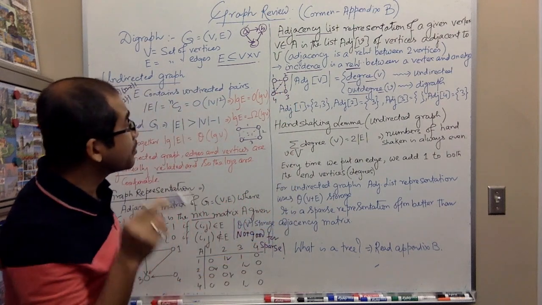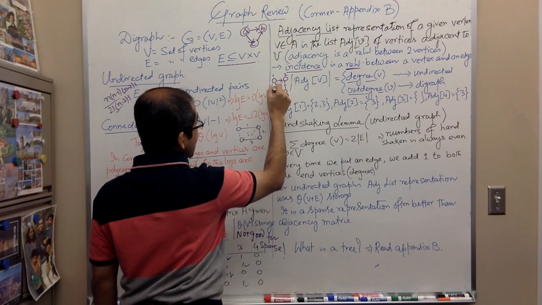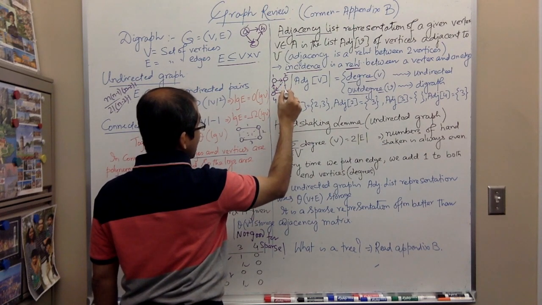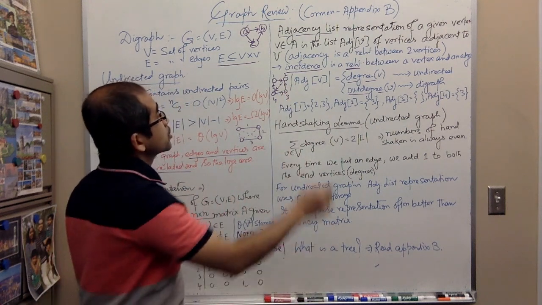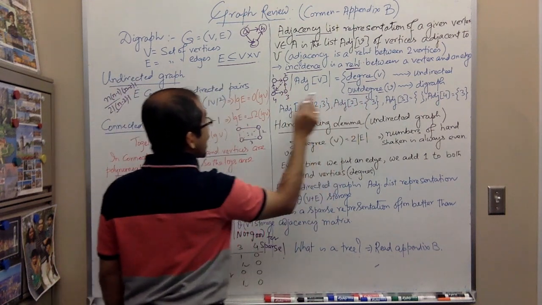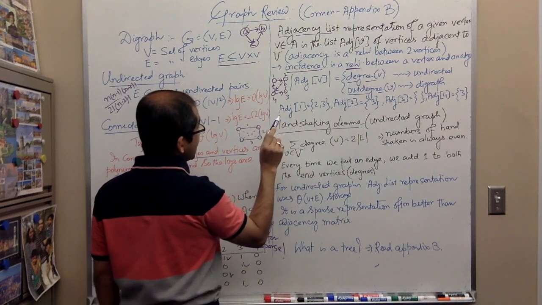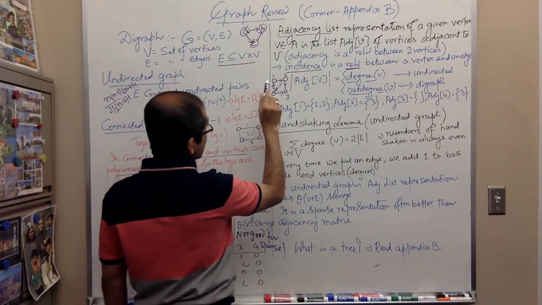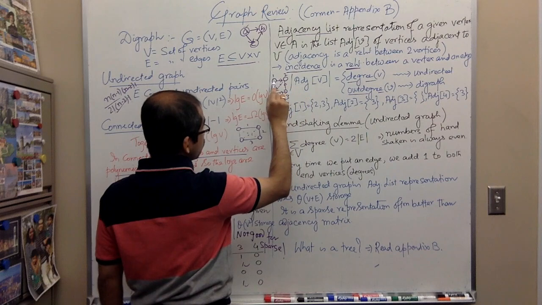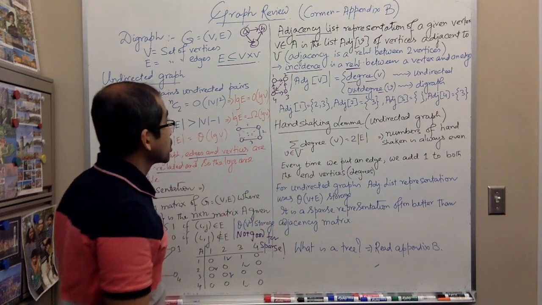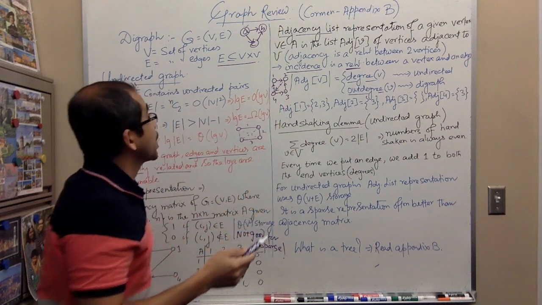But if it's a directed graph, we just consider the edges going out of the vertex, not all of them. So if this is a digraph, we consider the out degree, not the in degree. Out degree is the number of edges going out of a vertex; for 1, the out degree is 1, one edge going out of 1 towards 2. The in degree is the number of edges coming into that vertex.